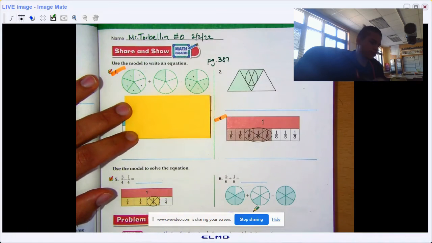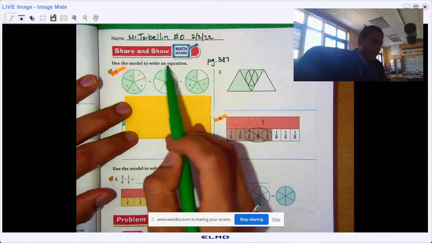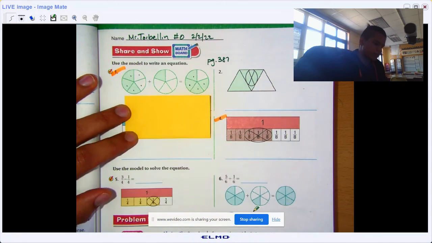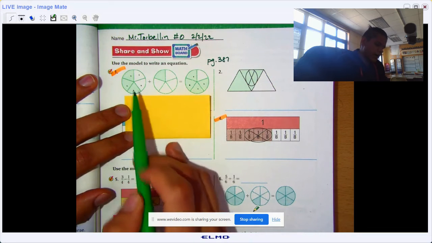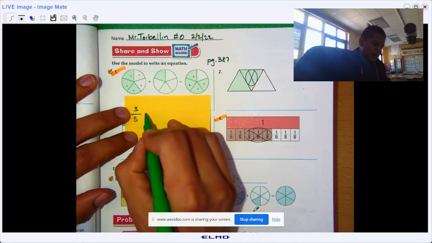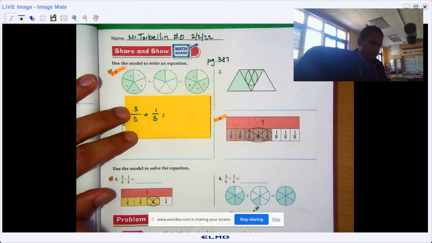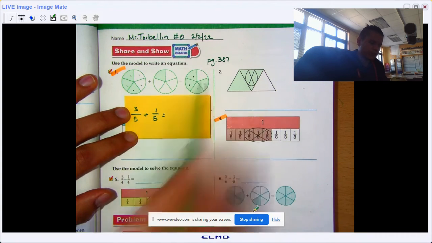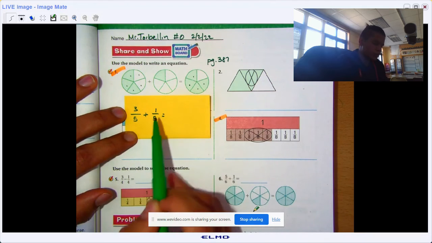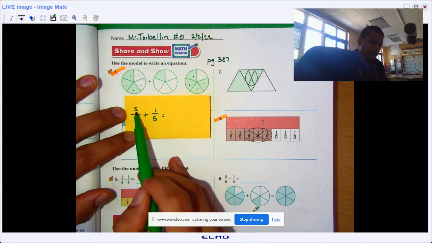All right, my amazing fourth graders, let's take a look at an example on page 387 from your GoMath workbook. The instructions for number 1 read, use the model to write an equation. So taking a look at this first model right here, I have 3 out of 5 total parts shaded. I'm going to be adding 1 out of 5 total parts, and it looks like we have 1, 2, 3, 4 parts that are shaded. When you add or subtract fractions that have a common denominator, you are just going to add the numerator.